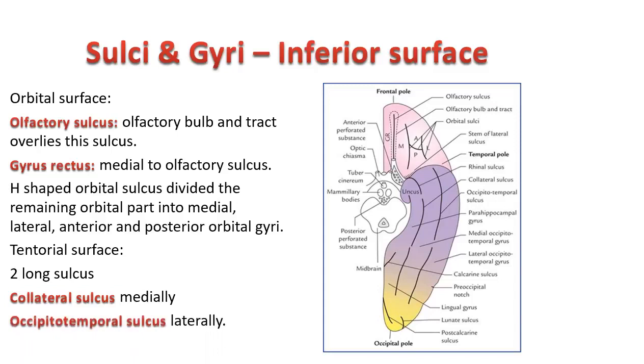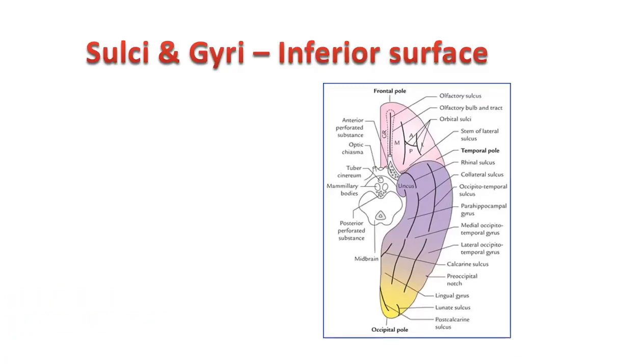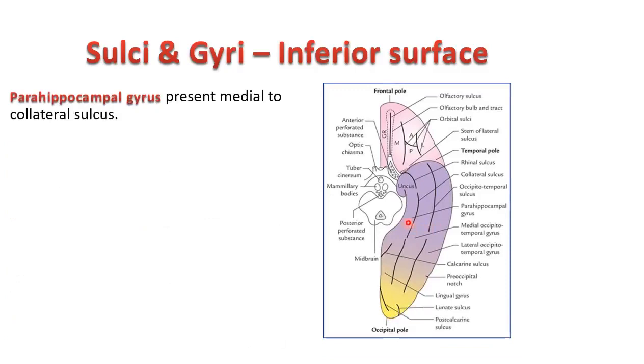Now we will try to understand the gyri which are present. First, the parahippocampal gyrus: the gyrus immediately medial to the collateral sulcus is called the parahippocampal gyrus. Anteriorly it forms a hook-like structure called the uncus.